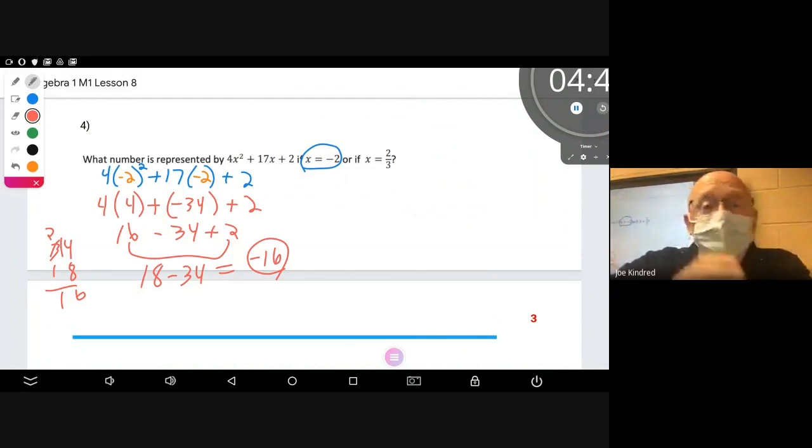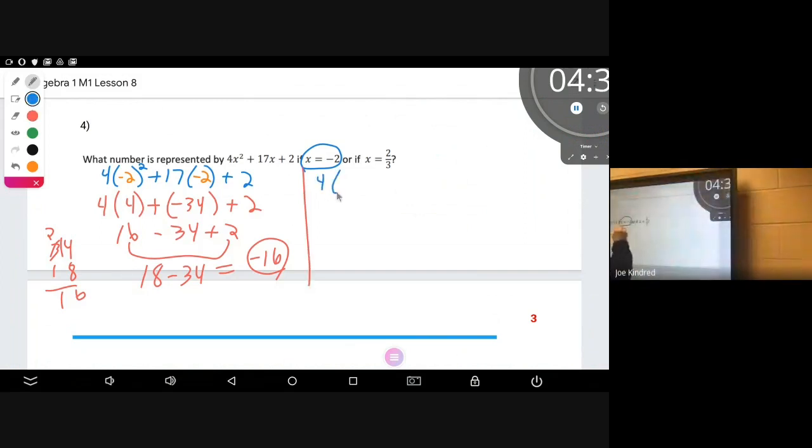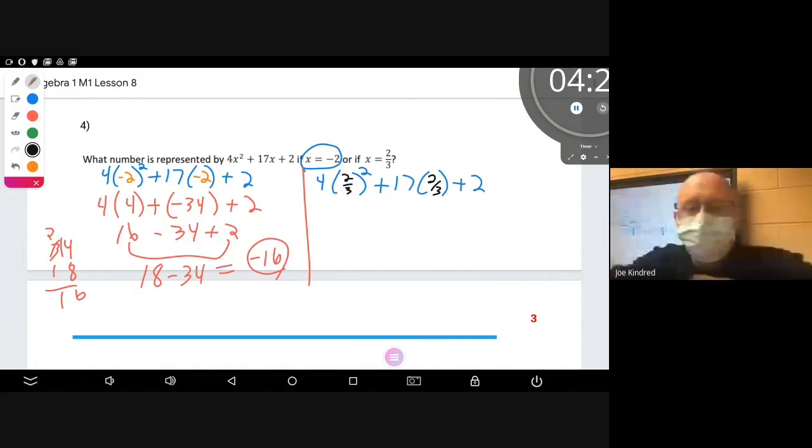The next part says, what happens when you put a fraction in? And so now I'm going to come back and I'm going to put the same expression, except this time I'm going to plug in 2/3. Now I'm going to probably need a calculator on this one. We'll see.